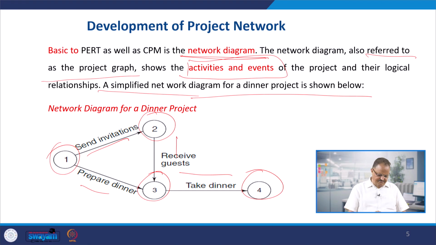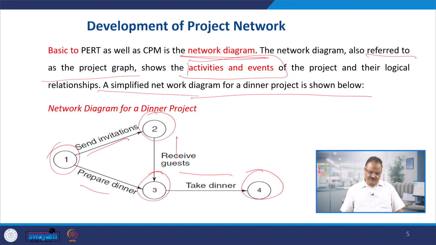For example, the first event is that we thought of inviting somebody to dinner, and then we started sending the invitation. Sending the invitation is the activity which requires resources. When we completed sending the invitation, we completed the second event. Then at the same time we started preparing the dinner.